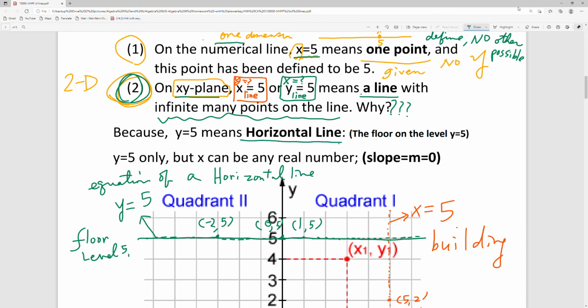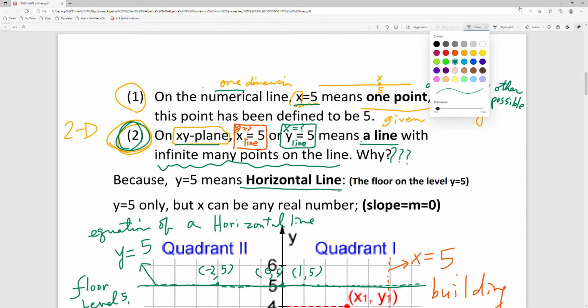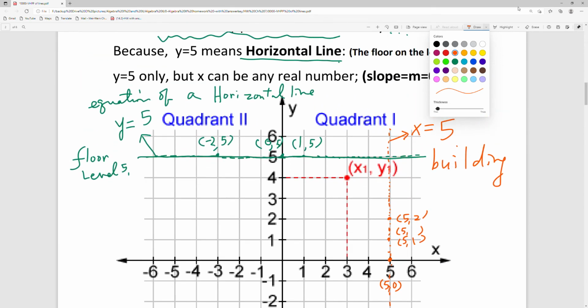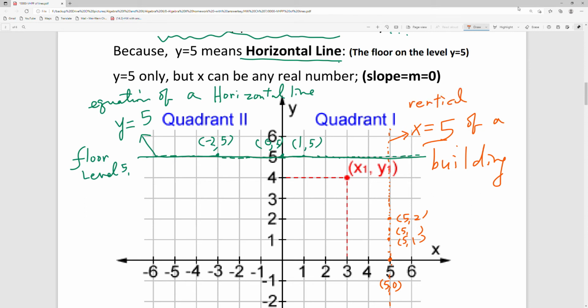And if you have x equals 5, then x equals 5 is also an equation, the equation of a vertical line. So right now we are talking about the idea of the horizontal line and the vertical line. Now let me erase those marks.